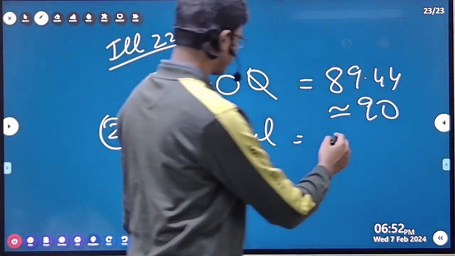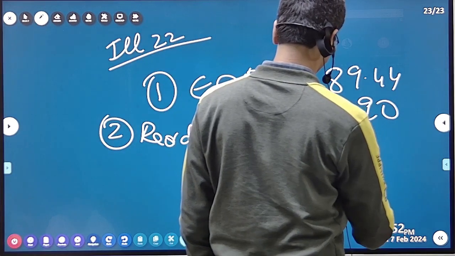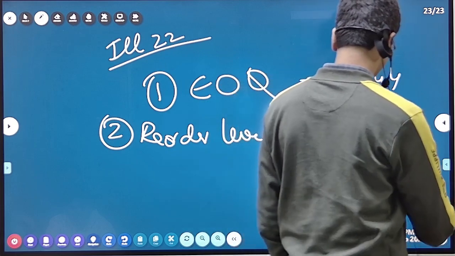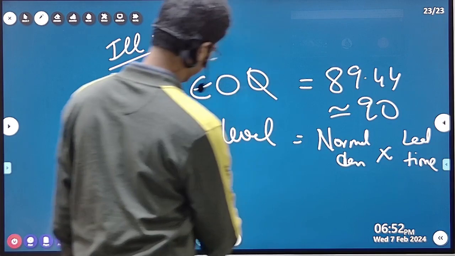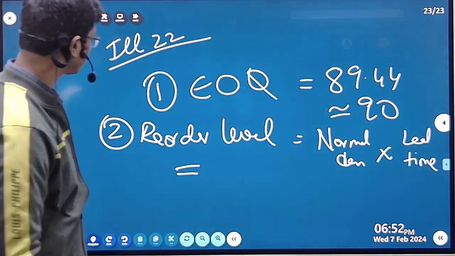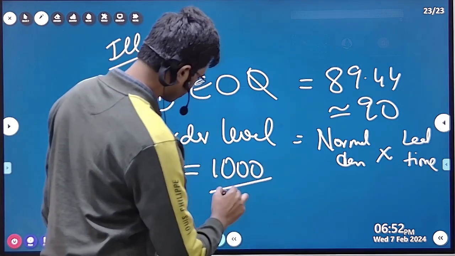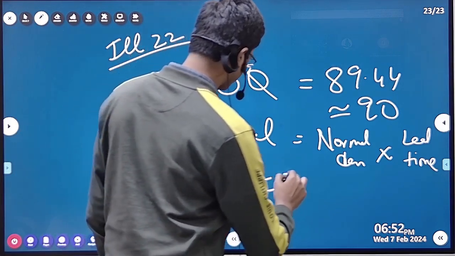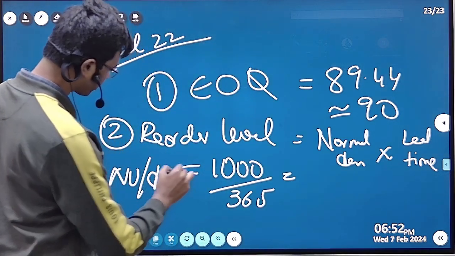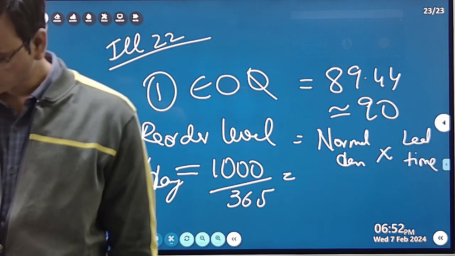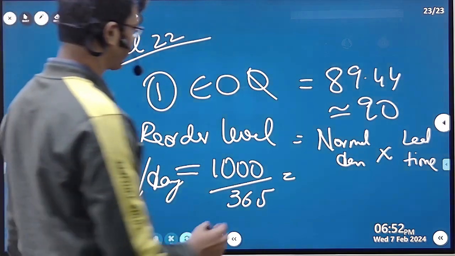Okay. So this is your normal demand into your lead time. Okay? So what is your annual demand? It is 1000 units, right? By 365 will be your normal usage per day. Correct? So how much is that? 2.73.